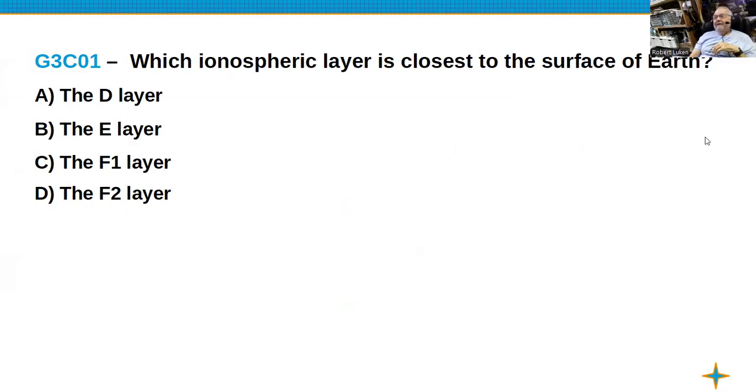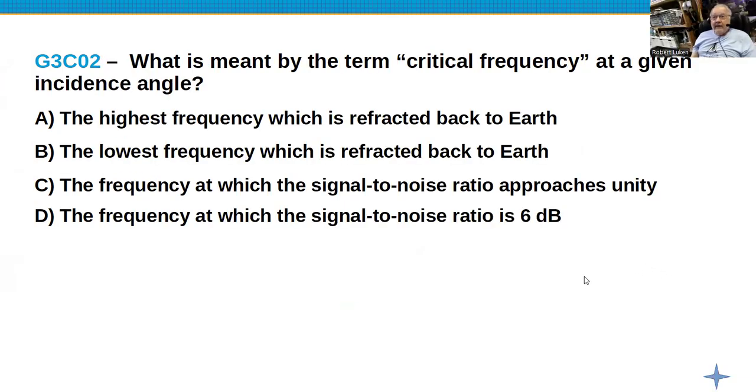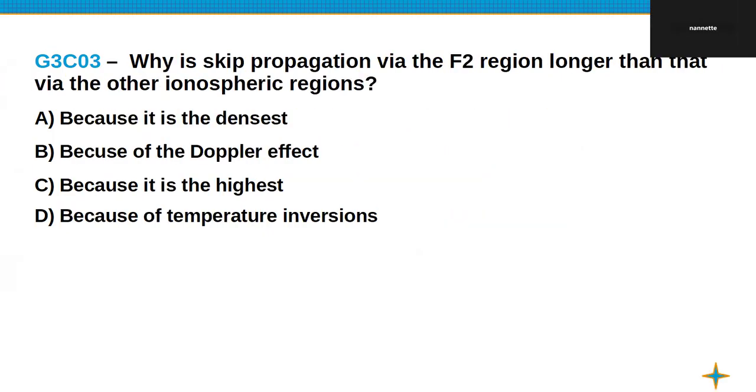Okay, so which ionospheric layer is the closest to the surface of the Earth? Alpha. What is meant by the term critical frequency at a given incident angle? Alpha.